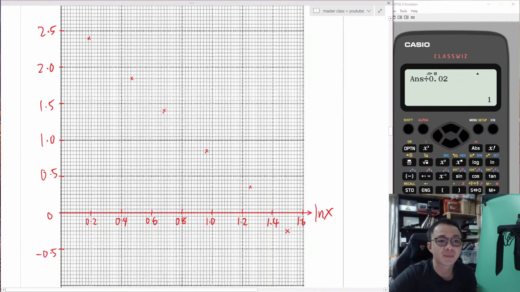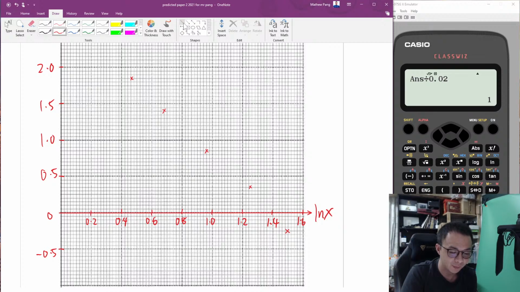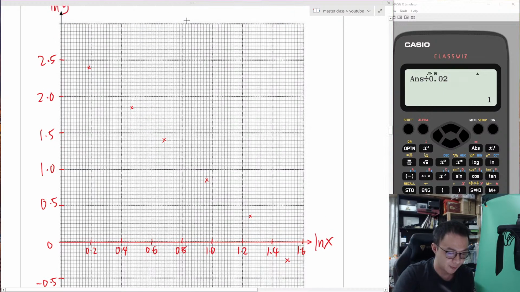Alright, then I'm going to connect them. Maybe I'll use red color, it doesn't matter. I'll adjust a little bit, make sure it touches most of the points.